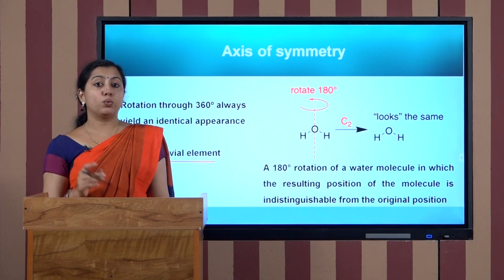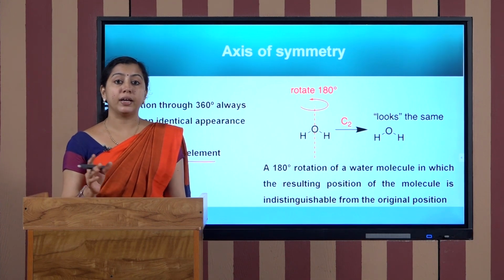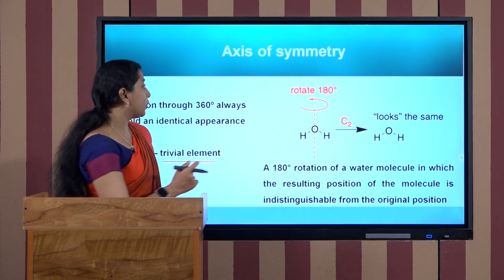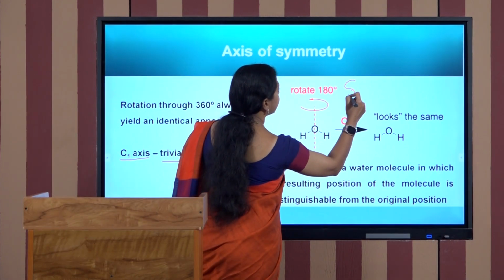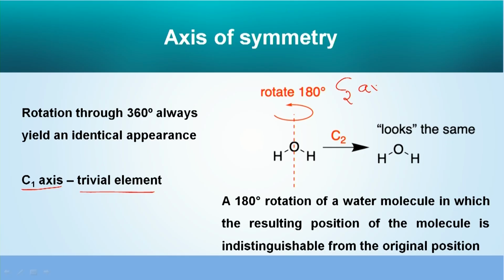Now, what happens when a crystal is rotated through 180 degrees? A rotation through 180 degrees is referred to as a C2 axis. That is, if a crystal when rotated through 180 degrees gives an identical appearance, we can say that that crystal possesses a C2 axis of rotation, or it is also known as a diad.